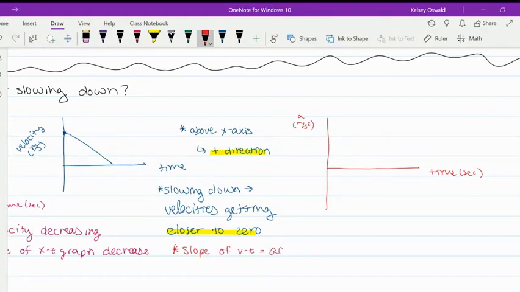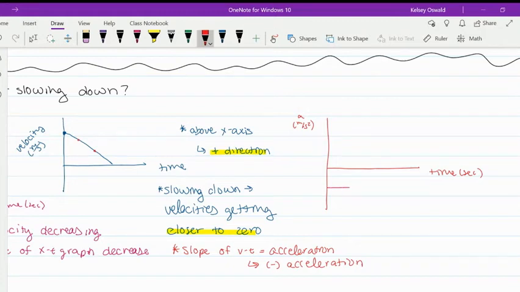So if we look at our velocity time graph, we can see that our line is sloping downward. So that tells us here we're going to have a negative acceleration. And since we have the same slope at each point, we're going to have a constant acceleration during this whole time frame.